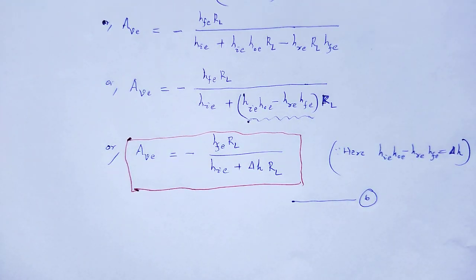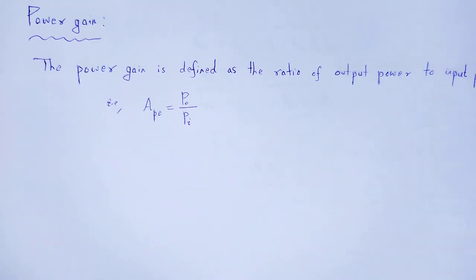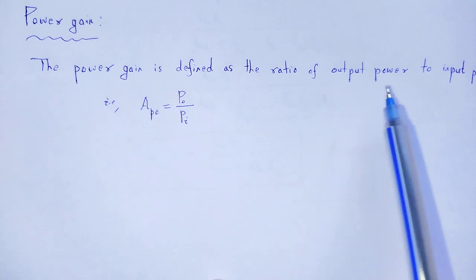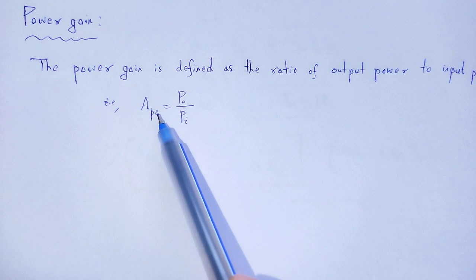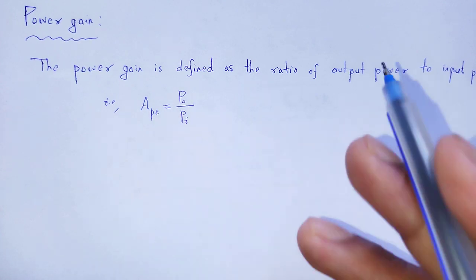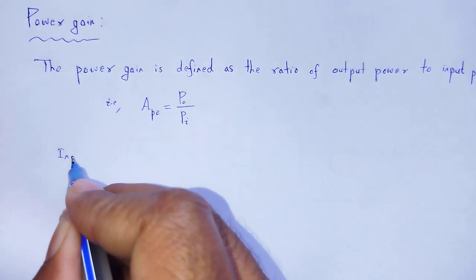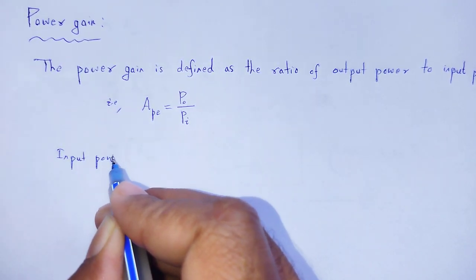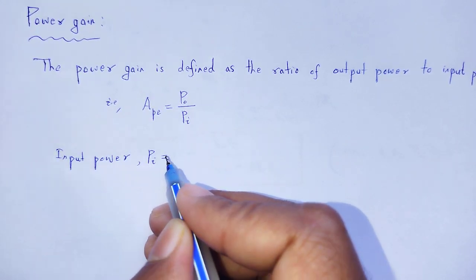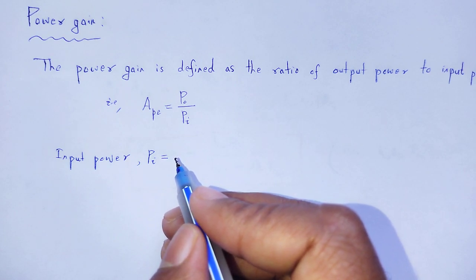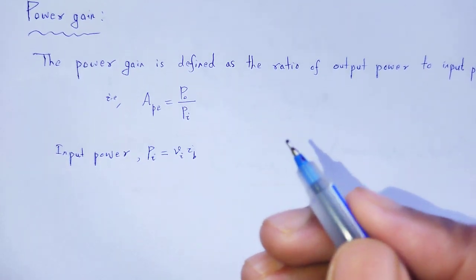Next, power gain. Power gain is defined as the ratio of output power to input power. Power gain for common emitter configuration is output power to input power. What is input power? Input power Pi is equal to input voltage into input current.